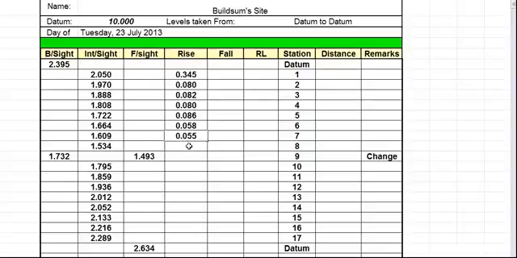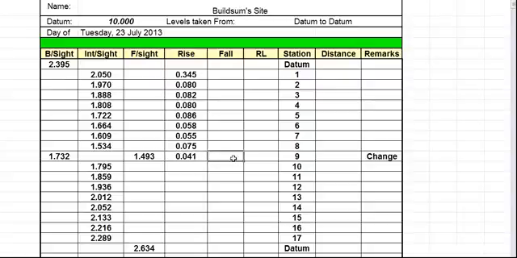And the next one, it's a difference of 75 mil, 0.075. Now when we get to here, we do this one minus this one, which is in the first set of readings. So 1.534 minus 1.493 gives us a difference of 41 millimeters.